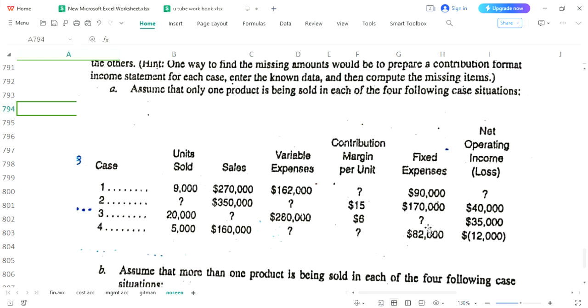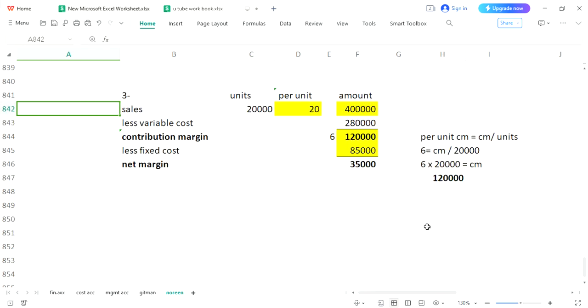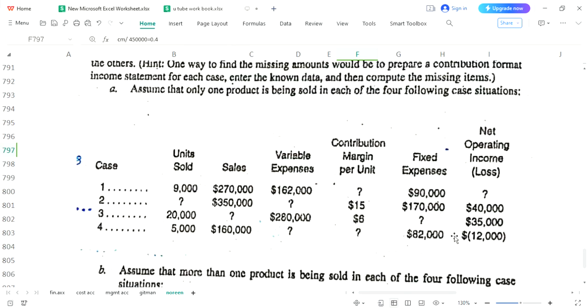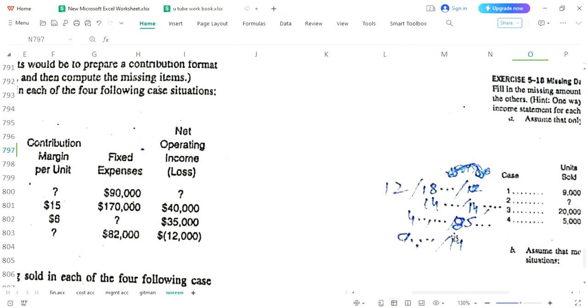Now let's see what was the next question mark. It was fixed expenses. Third part, fixed expenses we have calculated are 85,000. Okay, go up and see the second answer. You can see over here 85,000.